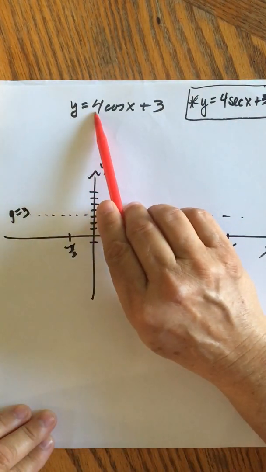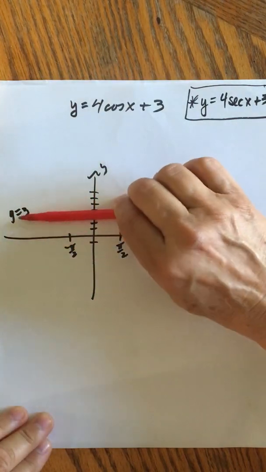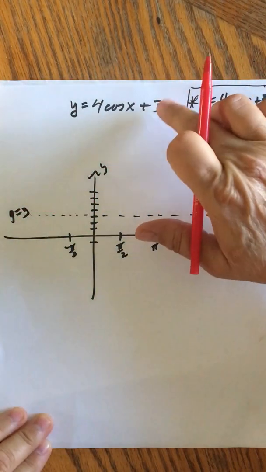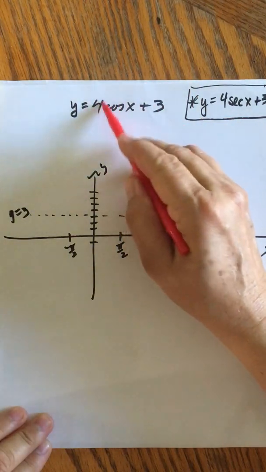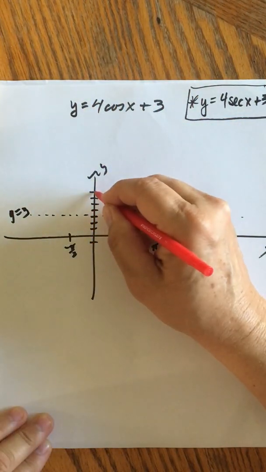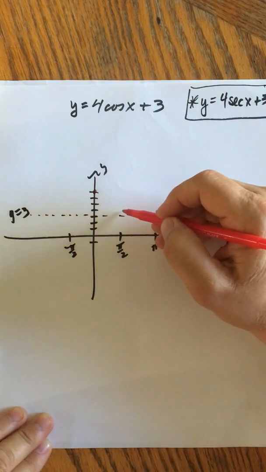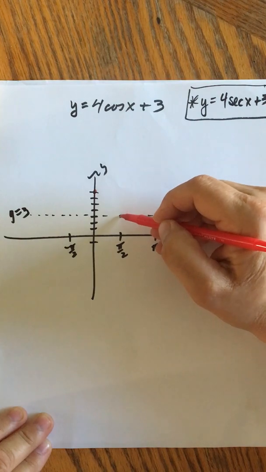But you have 4 cosine x. So the fact that we're starting up here at this axis, y equals 3, takes care of this plus 3. But I still have to look at the amplitude. So from here, I'm going to go up 1, 2, 3, 4. I'm going to be here. And so then I'm going to come down. And at pi over 2, I'd be at the axis.